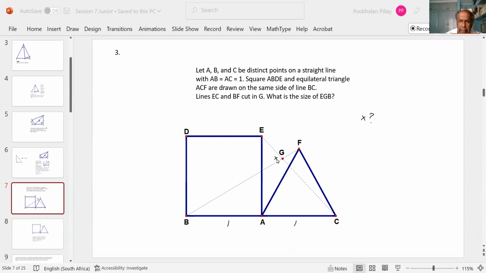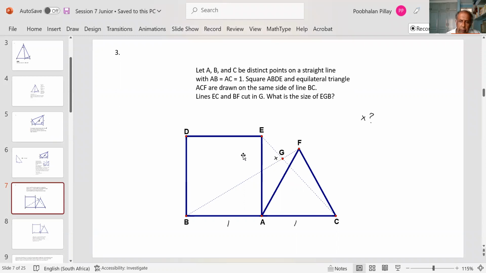Let's have a look at X. Can we find X? You will see that X is actually an exterior angle. You see this angle here, it's next to it, and this angle here is an angle in a triangle. If you go down this line, you come to B, and if you go this line, you come to C. So X is an exterior angle of this triangle here, GBC.